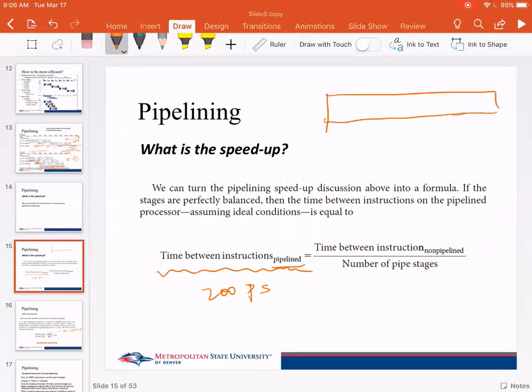If you stack multiple instructions together, suppose you have 4 stages, then it will look like this, right? Dot, dot, dot, dot. If this is time 0, then this is time 1, this is time 2, this is time 3.